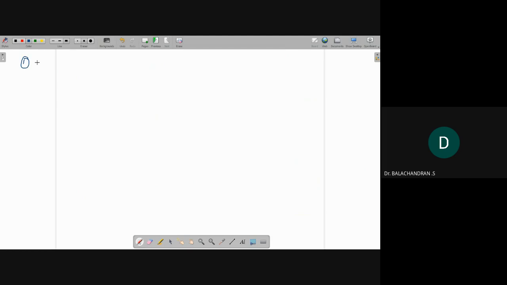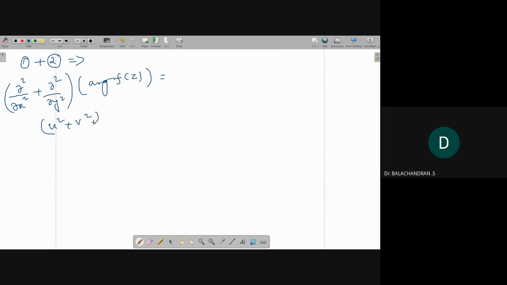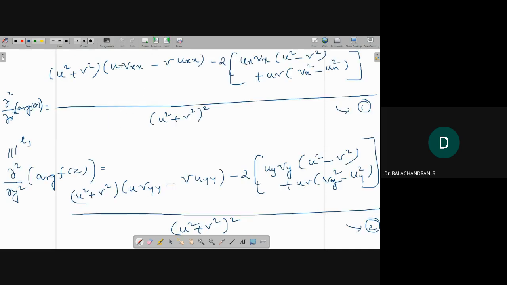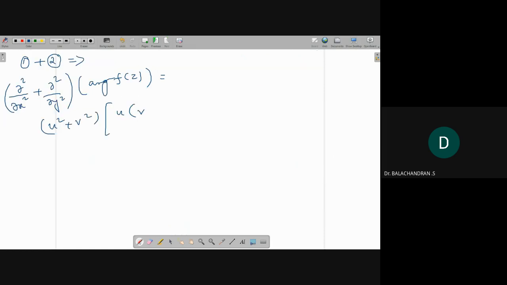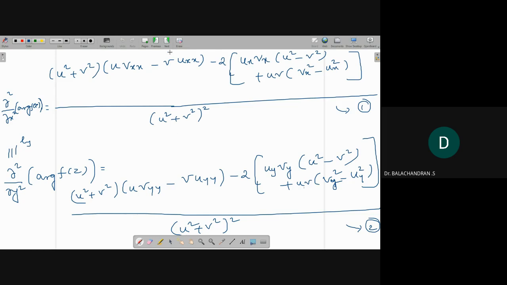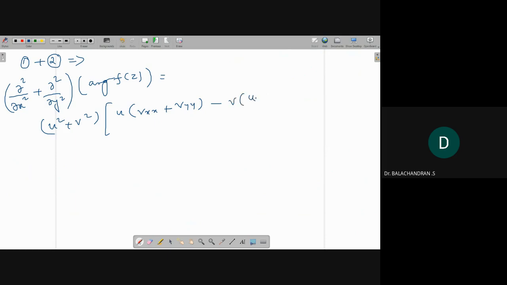So 1 and 2 implies dou square by dou x square plus dou square by dou y square into argument of f of z is equal to, the numerator, u square plus v square is common, into u, first I took u common, so u into v xx plus v yy, minus v into these two, v into u xx plus u yy.